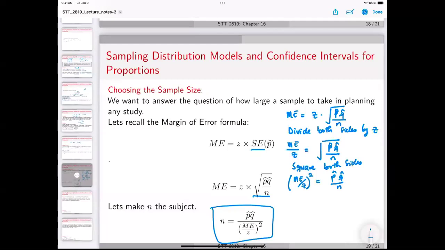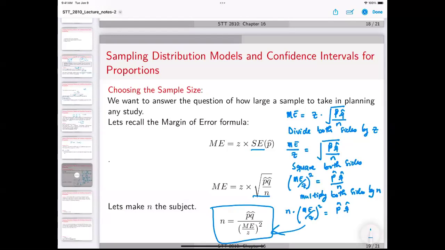You could multiply both sides by N. If you multiply both sides by N, you get N times margin of error over Z squared equals P hat Q hat. And then because I want N, you divide both sides by margin of error divided by Z all squared. If you do that, you get this. Is that okay? So this is how to determine the appropriate sample size.